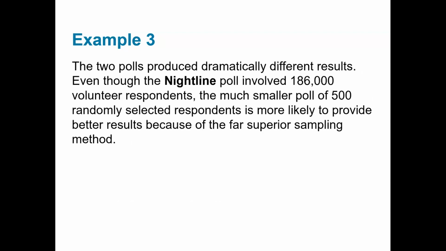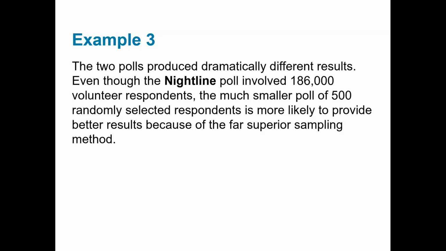So the two polls are dramatically different for many reasons. You might say, well, first of all, we're only asking Nightline viewers, people who are already watching Nightline. So that's a specific population, a specific sample of the population in and of itself. And then it's a choice. Who are the people that are likely to call in?